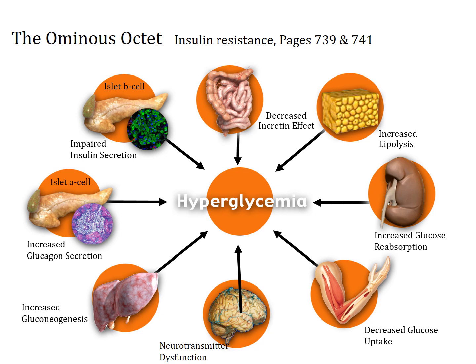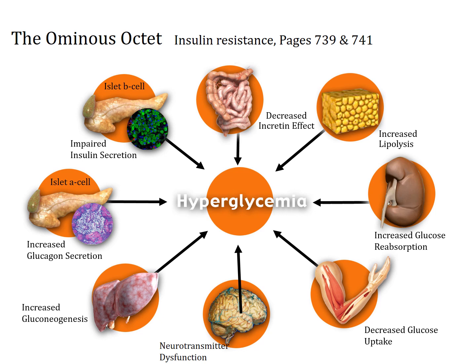Here's the ominous octet. The ominous octet looks at different mechanisms that lead to hyperglycemia. And in a type 2 diabetic, all or a combination of these mechanisms is enhancing the individual's hyperglycemia.